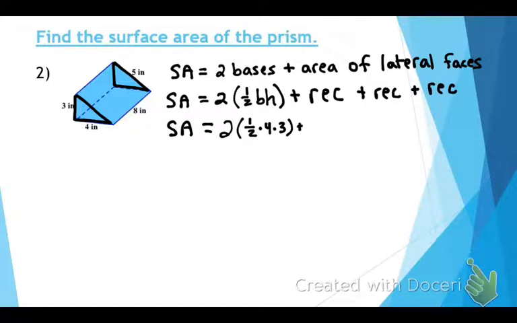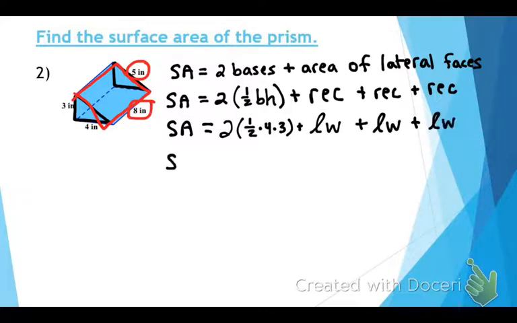So the first one that I am looking at right here is going to be this one right there. So I can see it is 8 by 5. Oh, sorry, we're going to go ahead and do length times width for each of those. We do 8 times 5 for that first one.